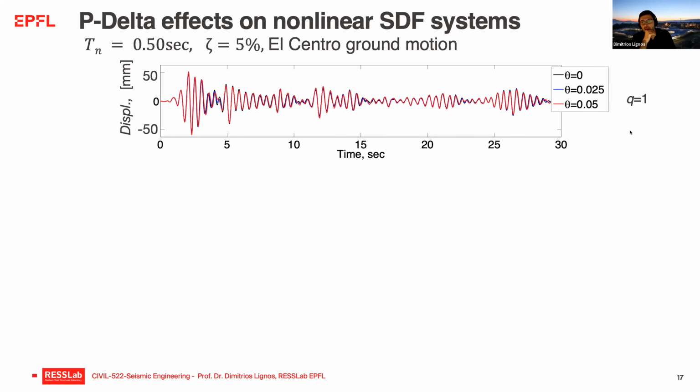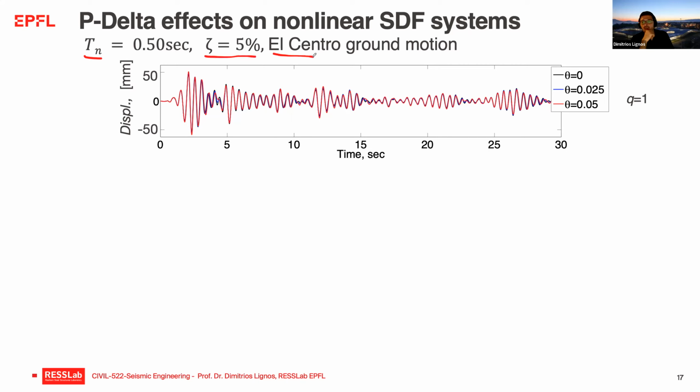So you can illustrate this aspect of having nonlinearity in the system and geometric nonlinearity also in the system by analyzing the response of different single degree of freedom systems and by changing the stability coefficient accordingly. So here I am analyzing a single degree of freedom oscillator with a 0.5 second period and 5% damping ratio.